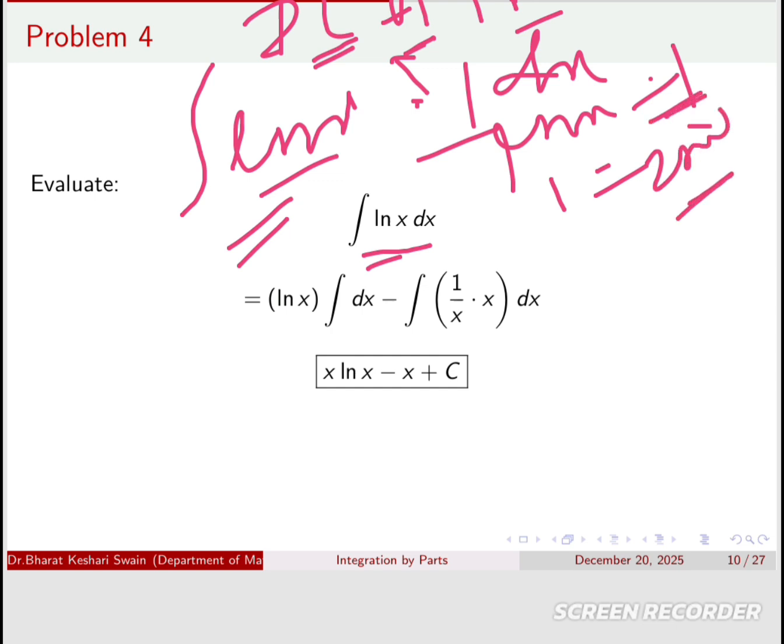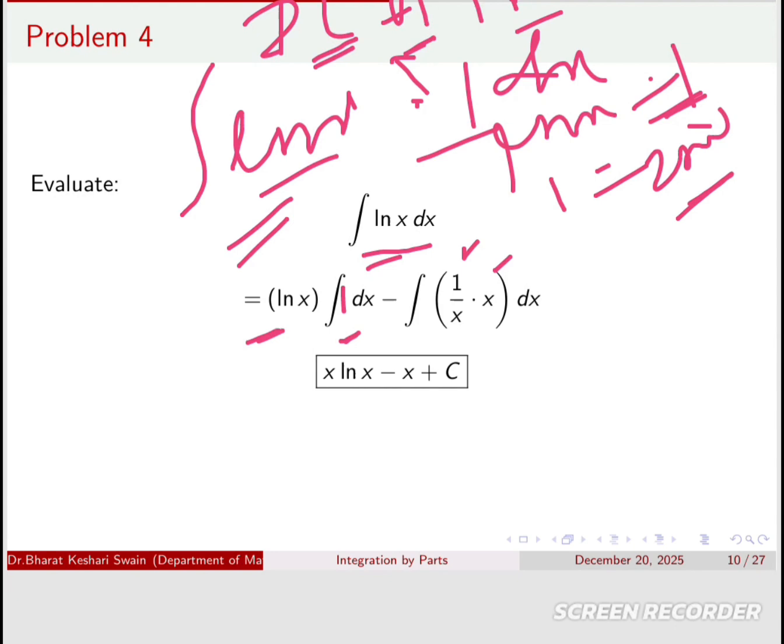So according to our rule, first into integration of second. So ln x into integration of 1 dx, minus derivative of ln x, that means 1 by x, then integration of 1 dx. Then the whole integration.